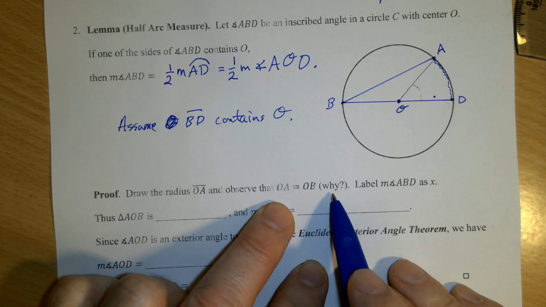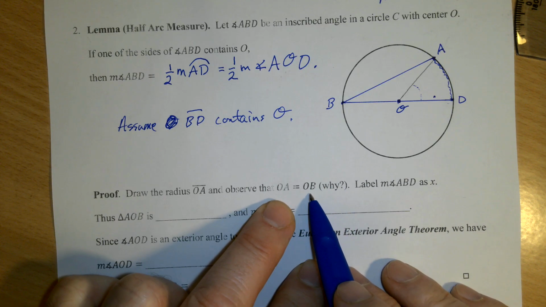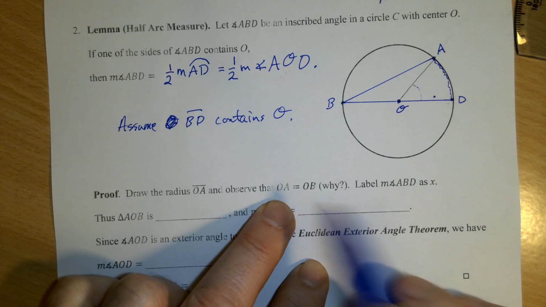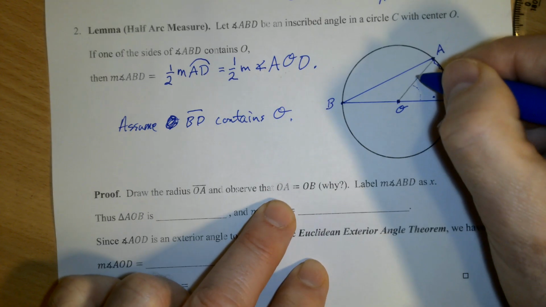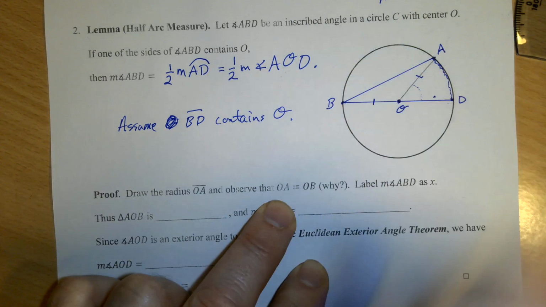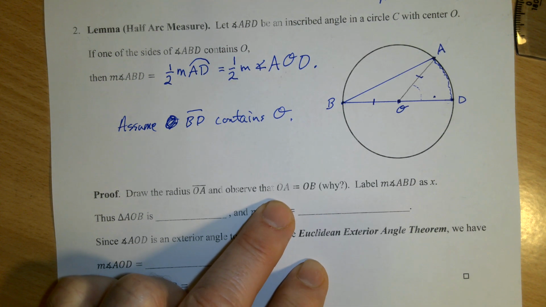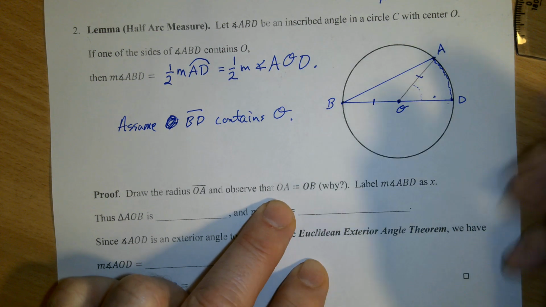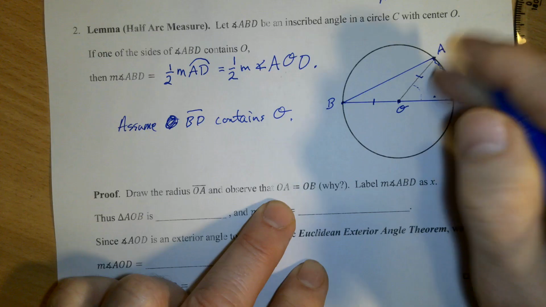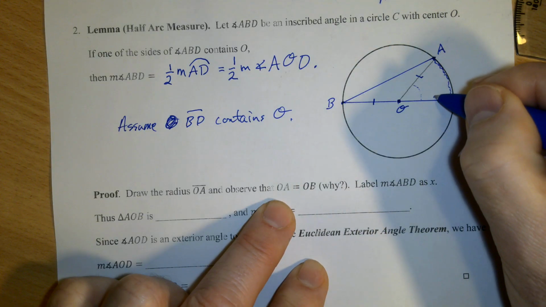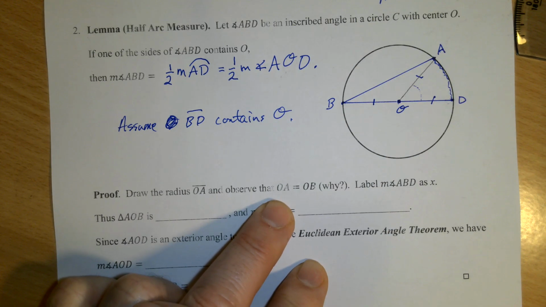I didn't write the reason because we've done this so many times. They are both radii of the same circle. So if they're both radii of the same circle, we know they have the same length, OA and OB. And also OD. They're all radii of the same circle, so they have the same length.